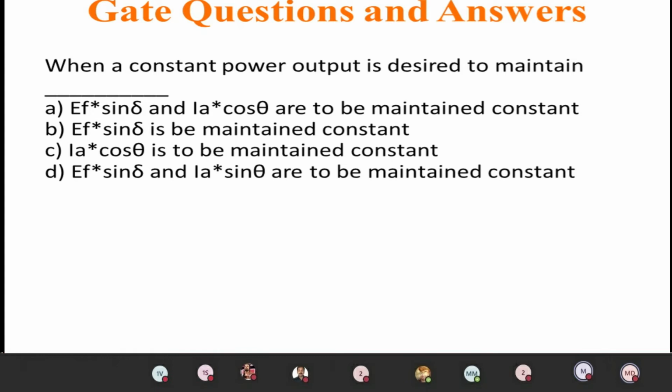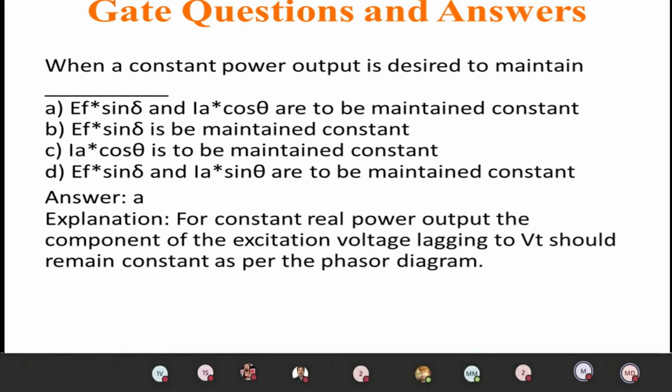Option D, EF sin del and Ia sin theta are to be maintained constant. So we know that for a constant real power output, the component of the excitation voltage lagging Vt should remain constant as per the phasor diagram. So for constant power output, the option is A.